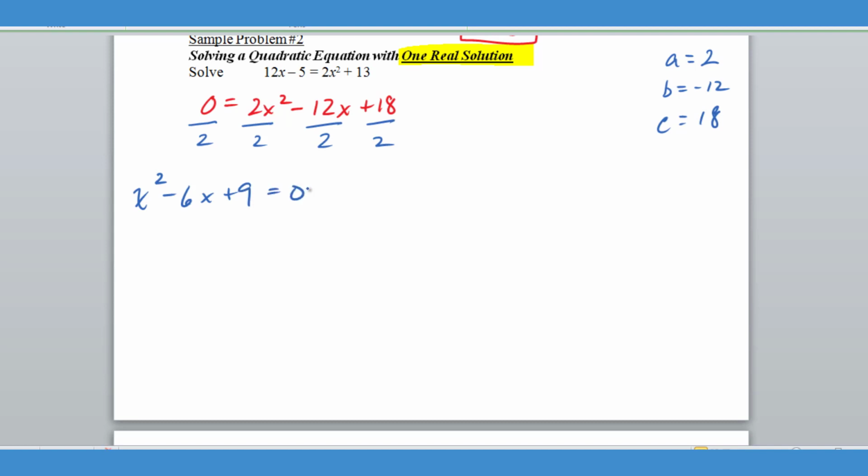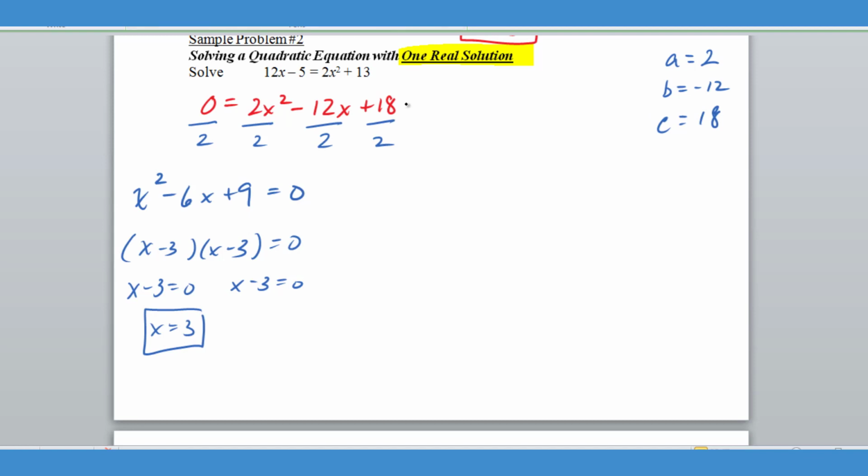And hopefully this will give you a clear view that, you know what, this can actually be factored. This is x minus 3, x minus 3 equals 0, or x minus 3 equals 0, so x is equal to 3. And you notice we have one real solution. So notice, this was a perfect square trinomial. We only had one real solution.